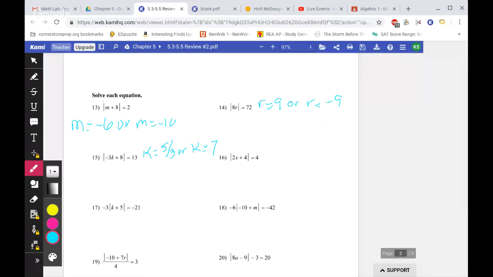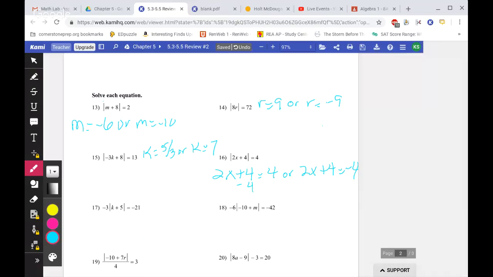Great question. Number 16, you're going to have 2x plus 4 equals 4, or 2x plus 4 equals -4. Because once you take it out of the absolute value sign, you don't want anything to be on the outside of either one of those absolute value signs before you break down and do the 4 and -4.